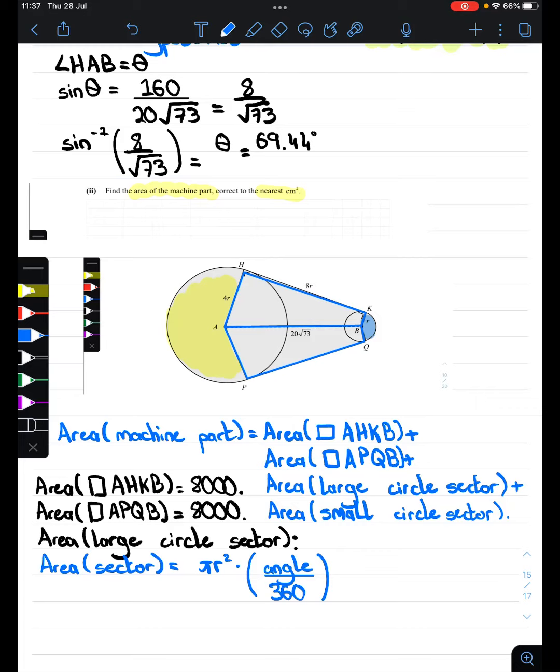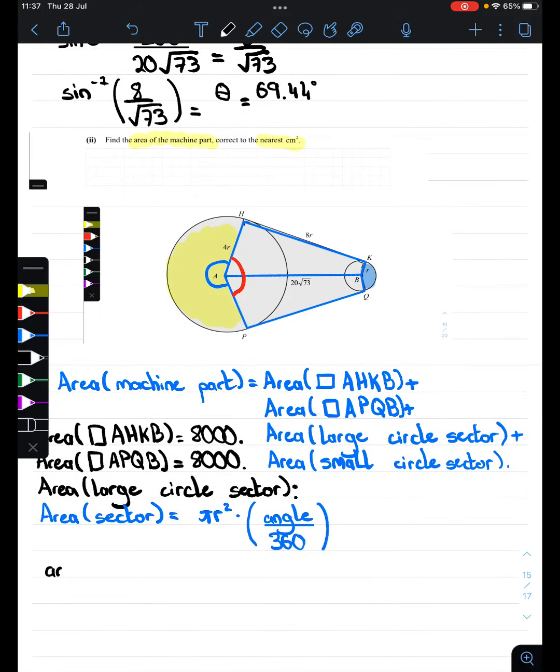But now we've got to work out what this angle is. Well, we're looking for this angle here. We know that this angle plus the remaining angle, HAP, should be 360.